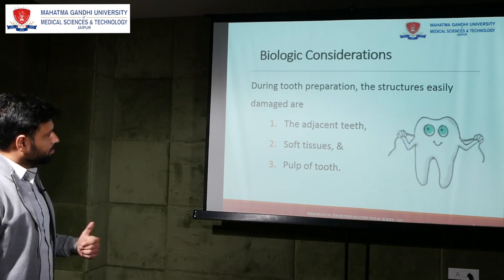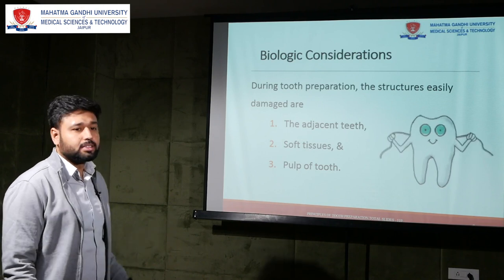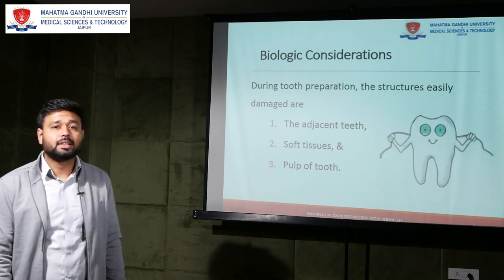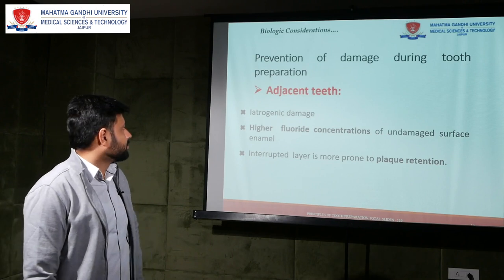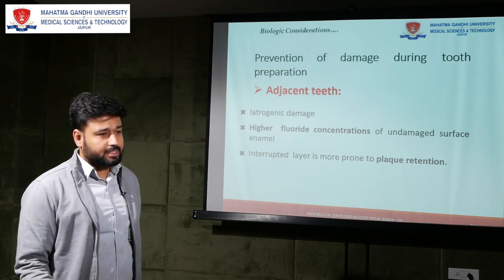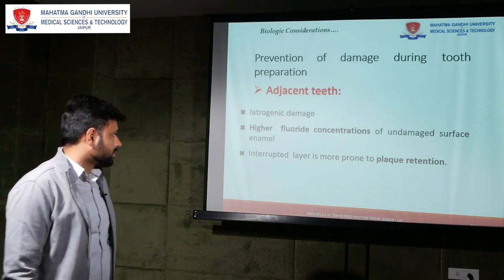So starting with the biological considerations. During tooth preparation, the structures easily damaged may be the adjacent teeth, the soft tissues, and the pulp of the tooth. In prevention of damage during tooth preparation, we can save the adjacent teeth by the higher fluoride concentration of undamaged surface.